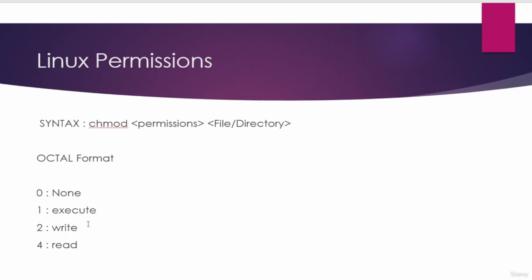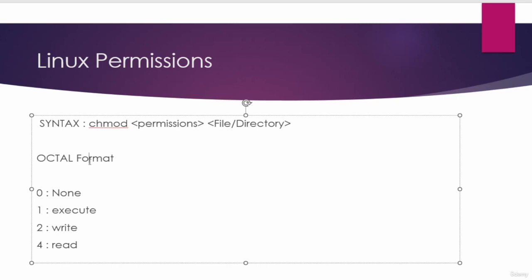The command to change the permission is chmod, followed by the permissions, which we're going to see, and the file or directory you want to change the permissions for. For this octal format, just remember this: one is for execute, two is for write, and four is for read.